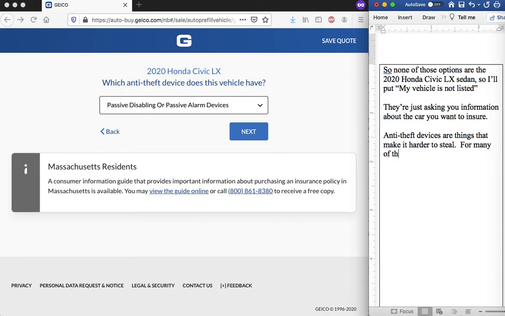For many of these screens and questions, you can just hit next instead of answering. Or you can simply pick the default answer.